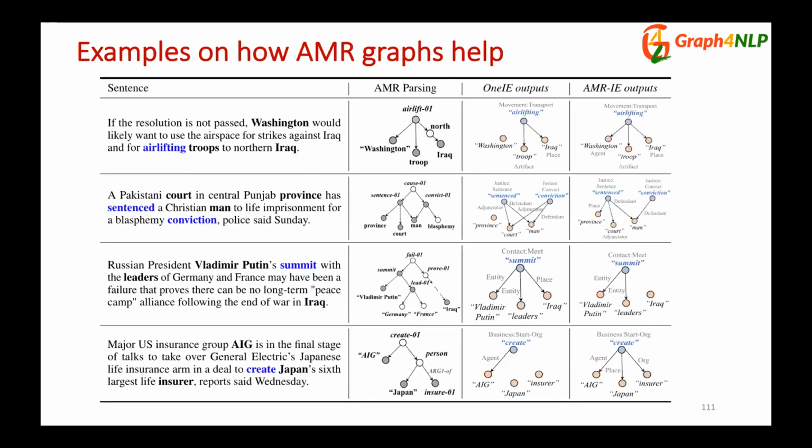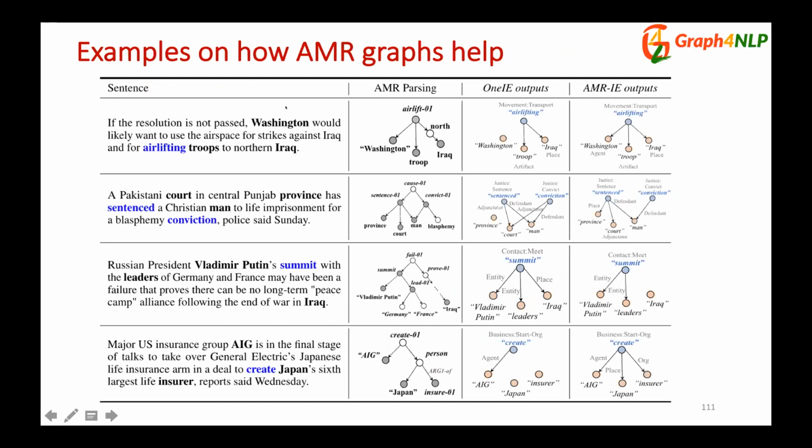So just to give you some examples to compare the sequence-to-graph and the graph-to-graph framework. If you look at the first example, the trigger here is airlifting, and Washington is supposed to be a place argument or attack argument for this airlifting.